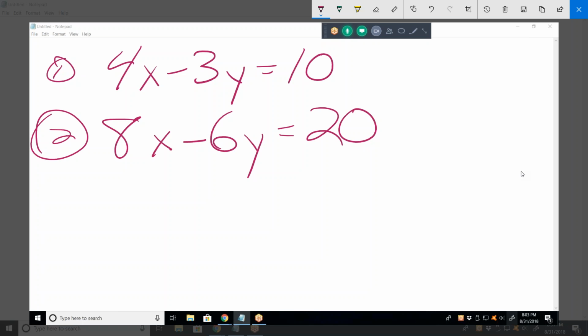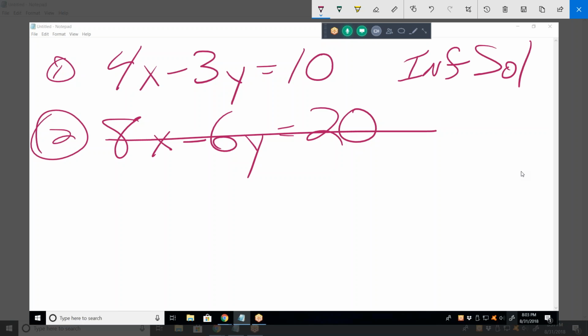I could have generated this one all on my own without them giving it to me, which means I really only have one equation. And when you have one equation and 2 unknowns, infinite number of solutions. So the fact that they've given us a second equation that is merely a multiple of the first one is not a second equation.